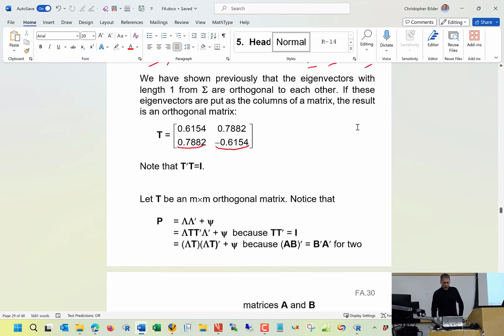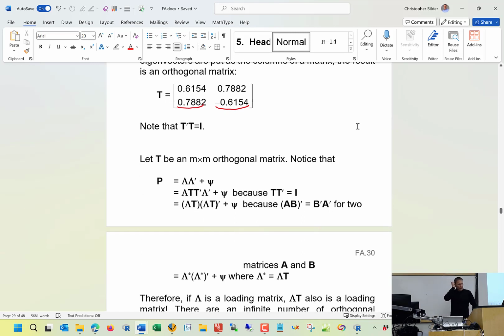Okay, so where does this orthogonal matrix come into play for factor analysis? Let's take a look at our factor analysis equations. Based upon our factor analysis model, our correlation matrix can be written as lambda, the factor loading matrix, times lambda prime plus psi.